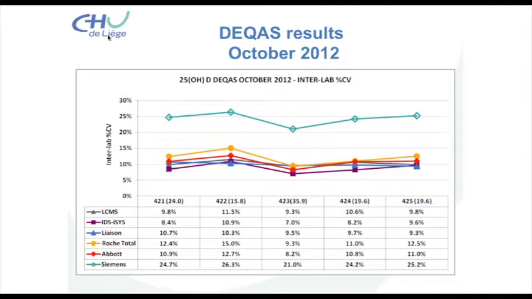So this assay has a real problem, and in my opinion I don't understand how it's still on the market. When you look at all the others, iSYS, tandem mass spec, Liaison, Roche, Abbott, they have more or less the same CV. What it shows is that even if you are running a tandem mass spec method, you don't have a better CV than with an immunoassay. So it's wrong to think that tandem mass spec is a reference method. That's not true. You will have the same CV.